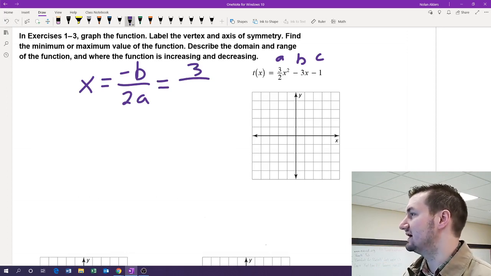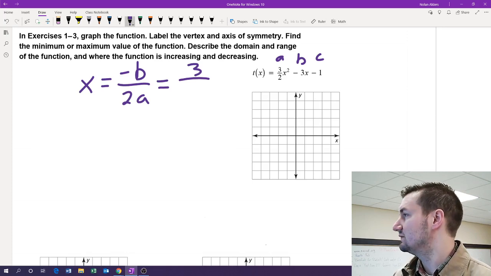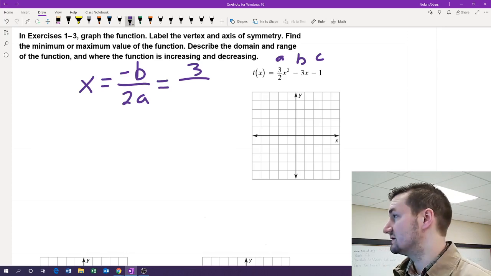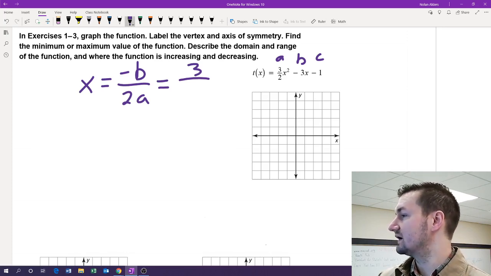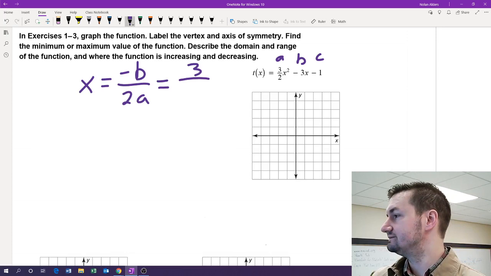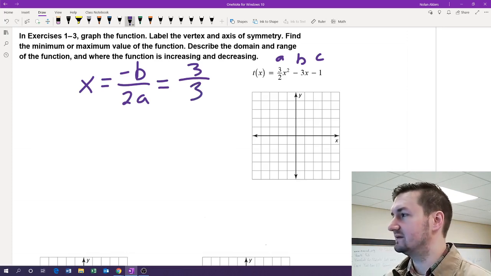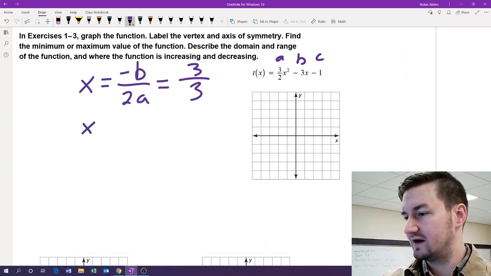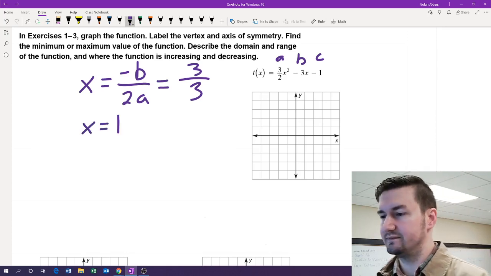A is 3 halves. We can see that. So 2 times 3 halves would be 6 halves, which reduces to 3. So x is going to be 3 divided by 3, which is just 1. So our x coordinate for our vertex is just 1.